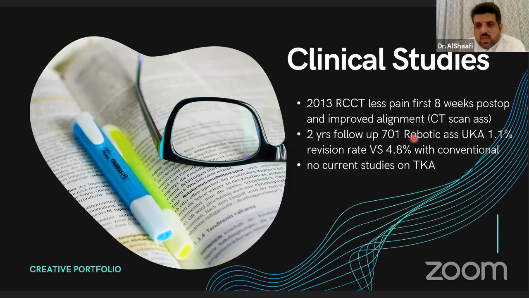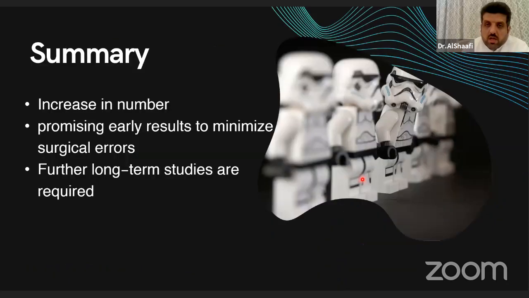And there is another follow-up study of about 701 robotic cases, and they found the revision rate is very low compared to the conventional one. This study compared unicompartmental knee replacement, and there are no current studies on total knee replacement.